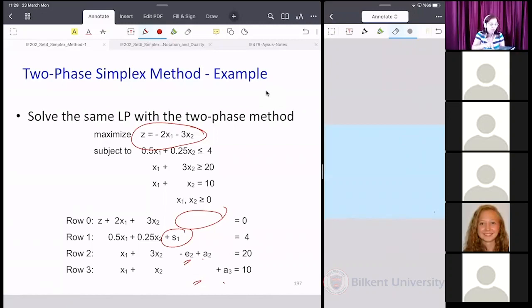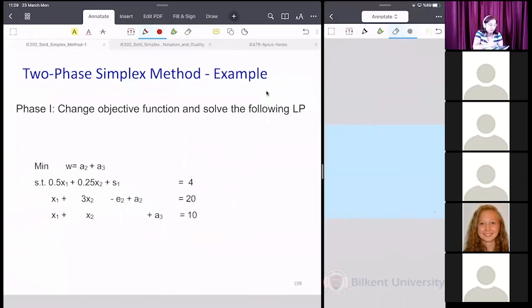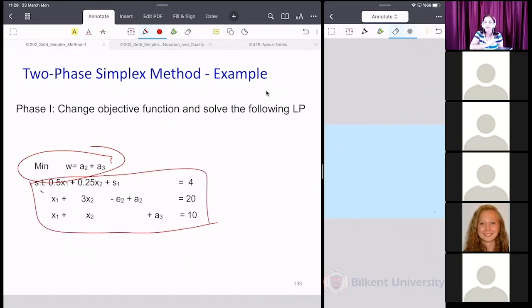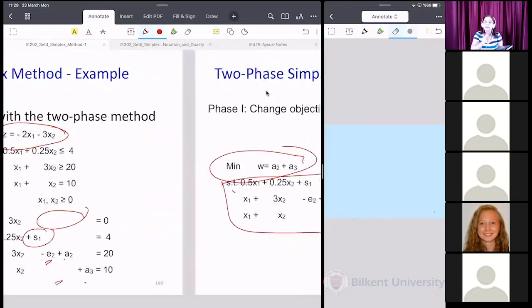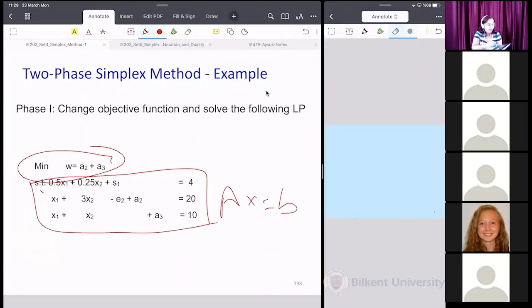So what we do is create a new problem with a new objective function. The Ax = b is the same. I still have the same constraint set as I did in the big M method, right? But this time my objective function is different. I will just minimize the summation of those two artificial variables.